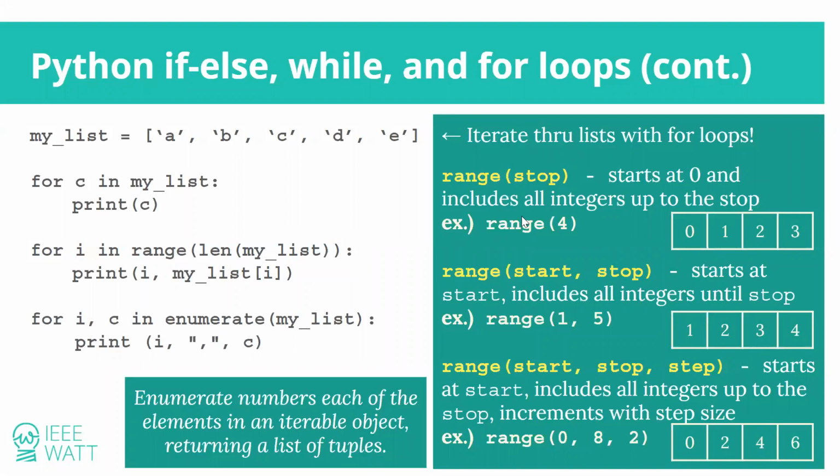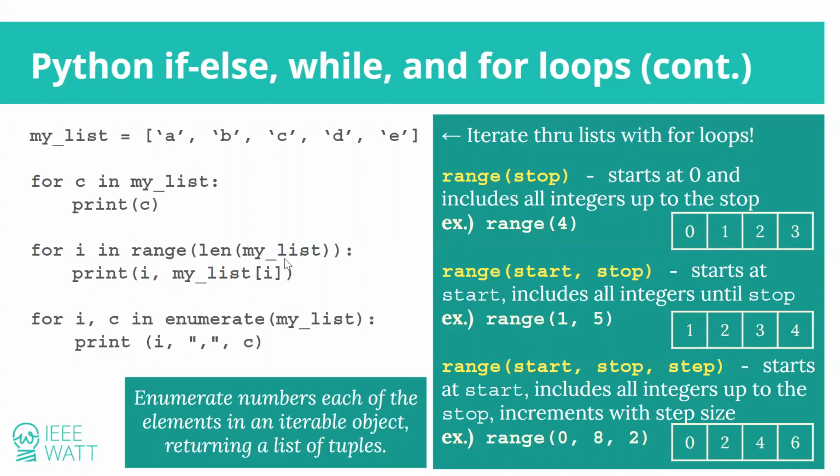So range 4 goes 0, 1, 2, 3, and then stops before 4. So for i in range of the length of my list, which is 5, i goes 0, 1, 2, 3, and 4.